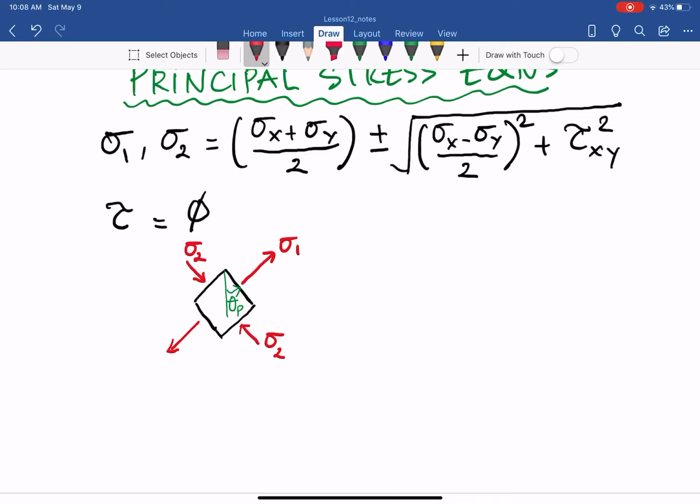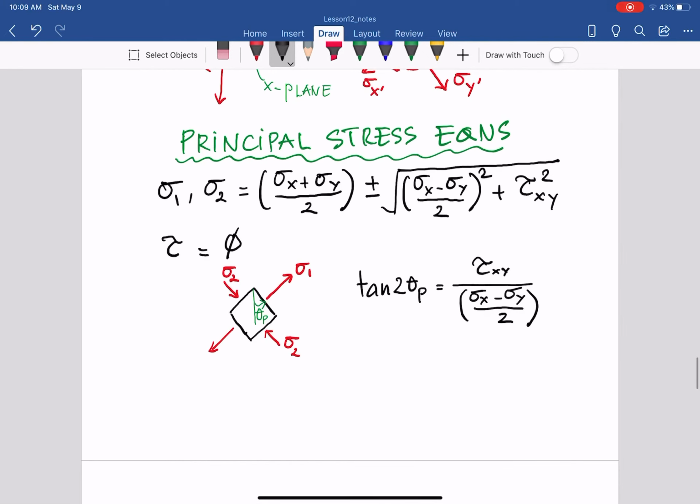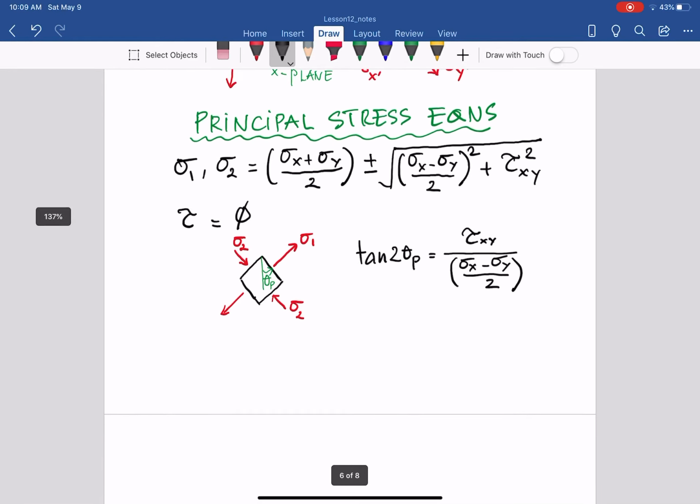And then the equation to determine the angles for the principal stress, and we have two roots if you recall: tangent of 2 theta p equals tau xy divided by (sigma x minus sigma y) over 2. So that is the principal stress.